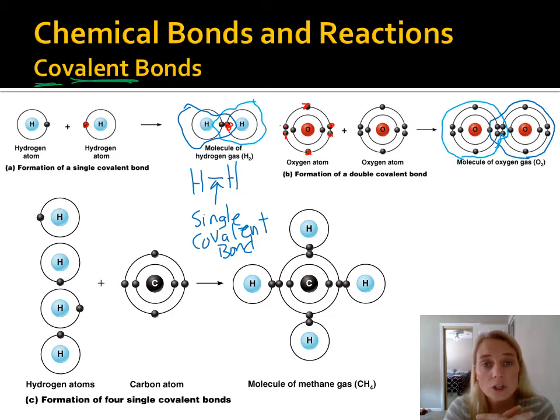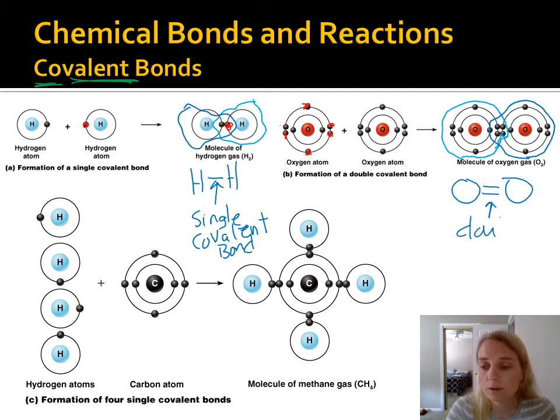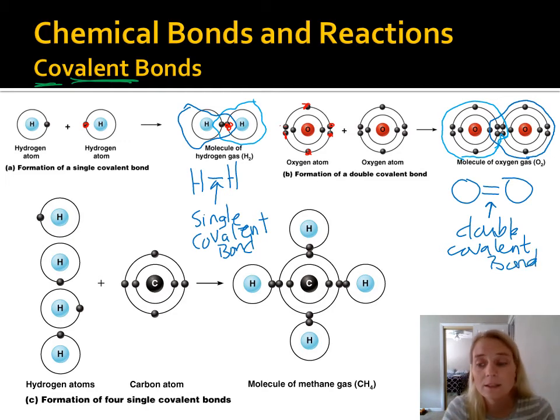So each oxygen nucleus feels satisfied because they have 8 electrons in their valence shell. This is a double bond, so it's usually drawn like this. This is a double covalent bond. You might see that in some drawings as well. When there's 2 lines, there's 4 electrons being shared. When there's 1 line, it's just 2 electrons being shared.